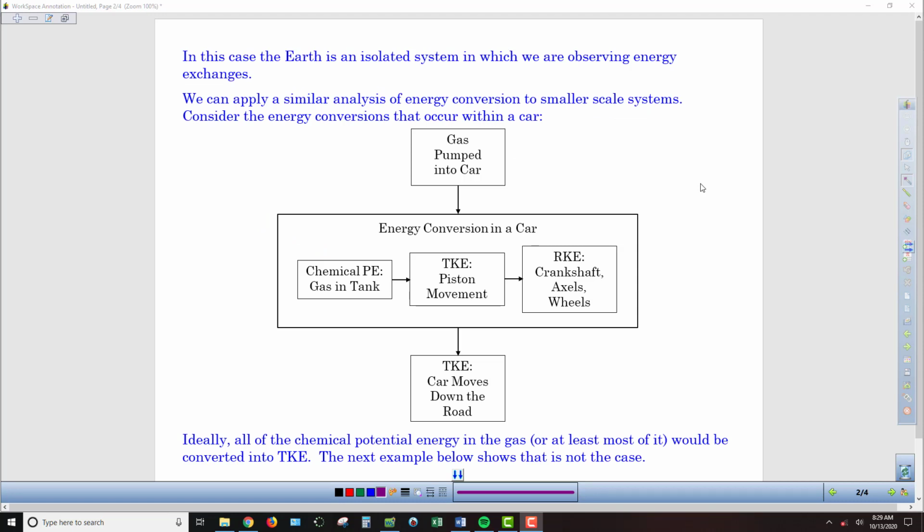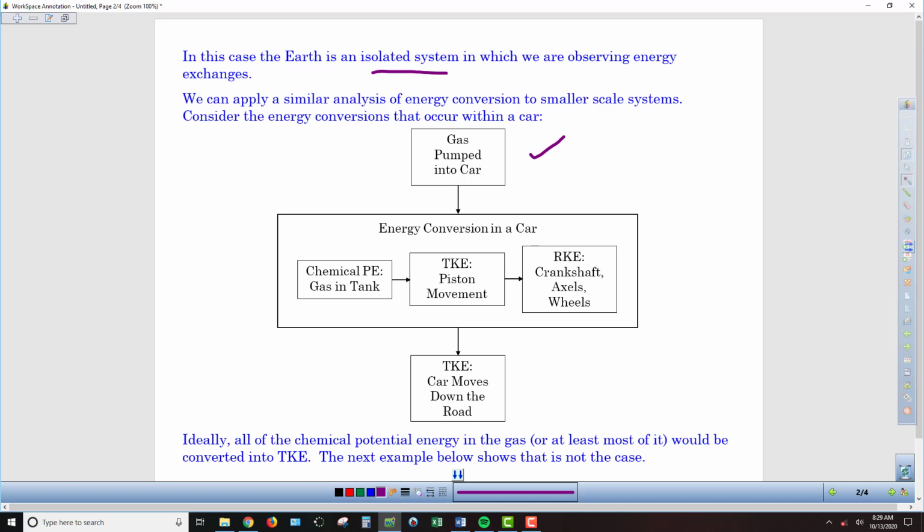So in the context of the Earth, we can think of it as an isolated system in which we're observing energy changes. We can do a similar type of analysis for all sorts of systems, like a car. We pump gas into a car, so we are providing chemical potential energy into the vehicle, and then a whole series of energy conversions take place.